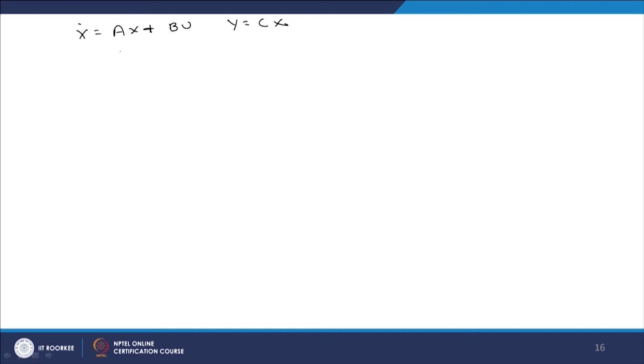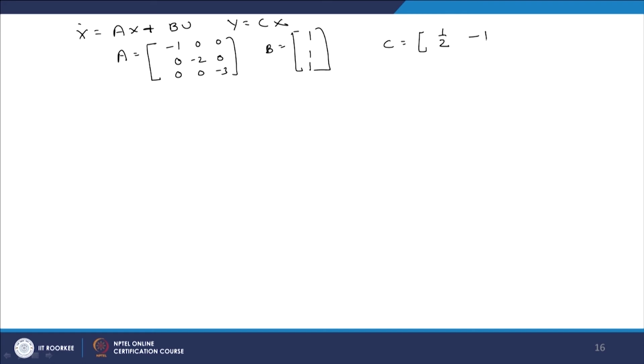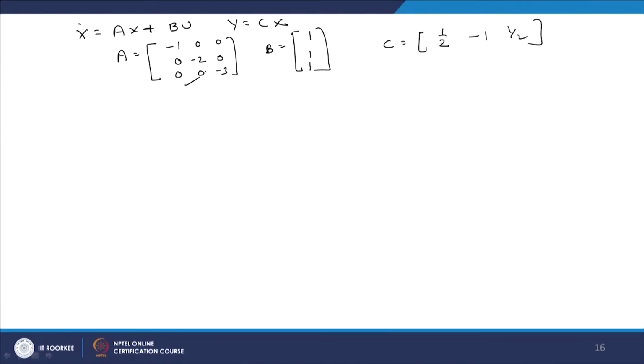Now, here the model I am taking is A equals minus 1 0 0, 0 minus 2 0, 0 0 minus 3, and B here we are taking as 1 1 1, and C we are taking as 1 by 2, minus 1, 1 by 2. A, B, C we have taken. A is minus 1 0 0, 0 minus 2 0, 0 0 minus 3, B is 1 1 1, and C we have taken as 1 by 2, minus 1, 1 by 2.